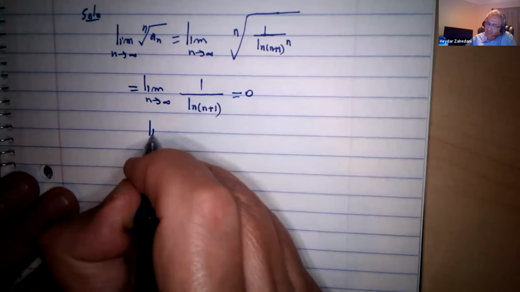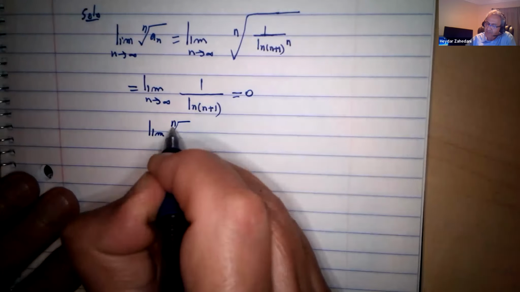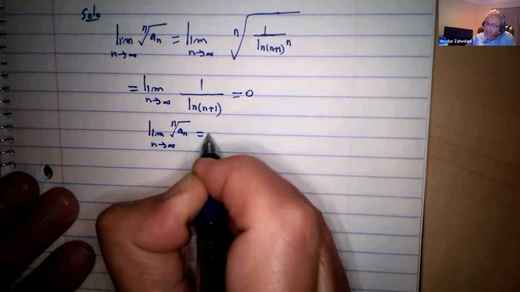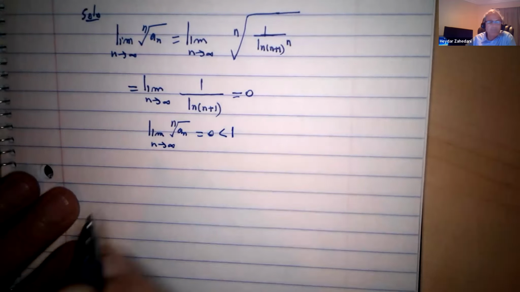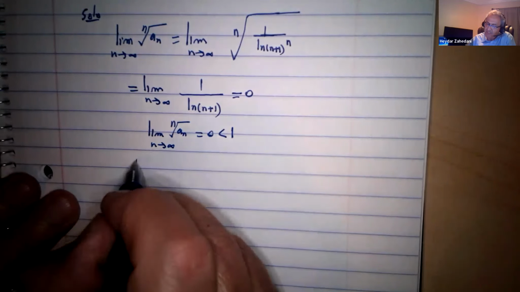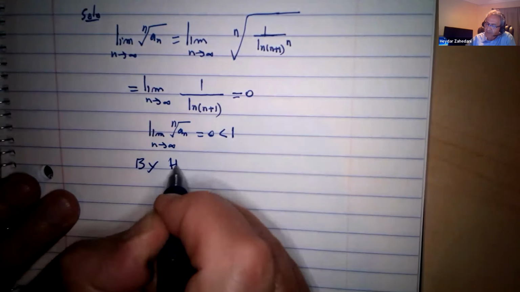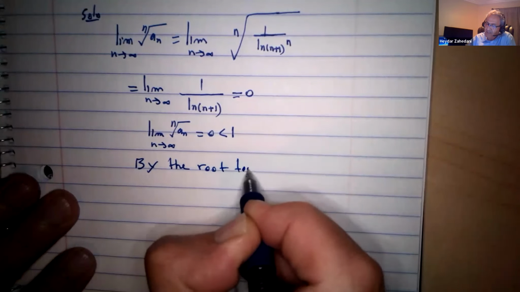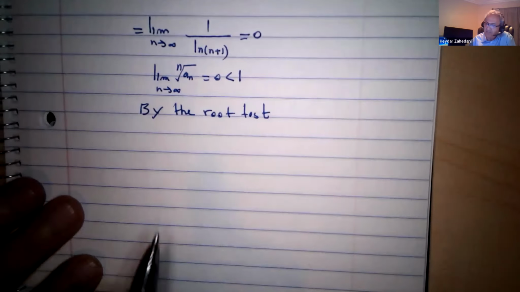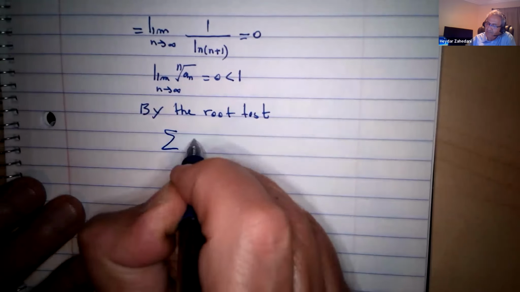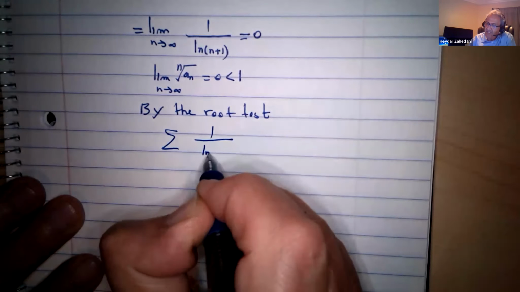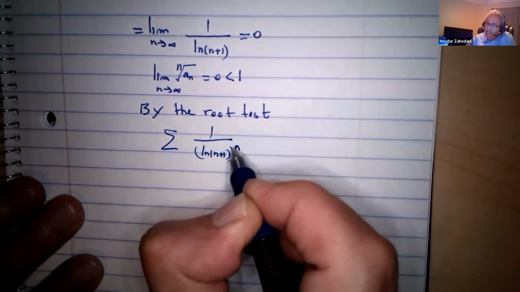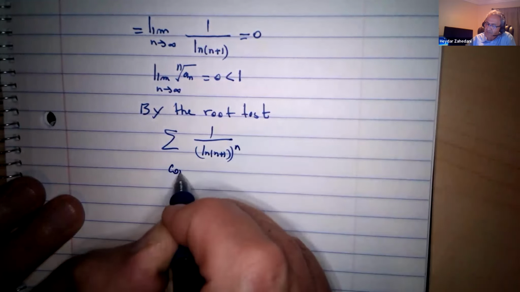Okay, so you get the limit of the nth root of a_n, n goes to infinity, is 0, and the 0, of course, is less than 1. So by the root test, your series, sigma of 1 over (ln of n plus 1), everything to the n, converges.